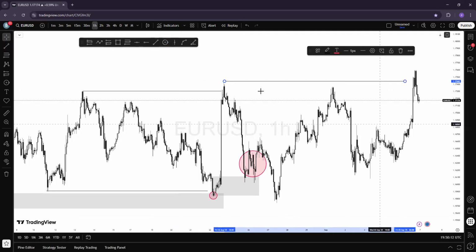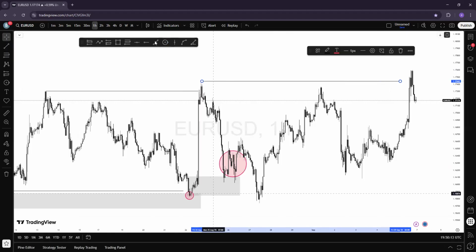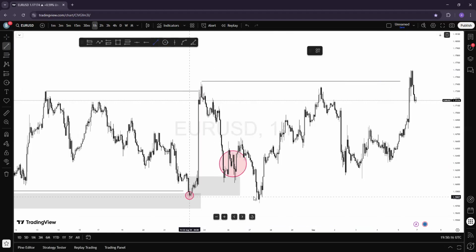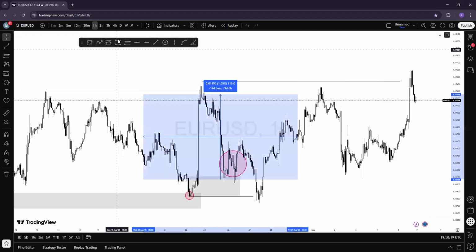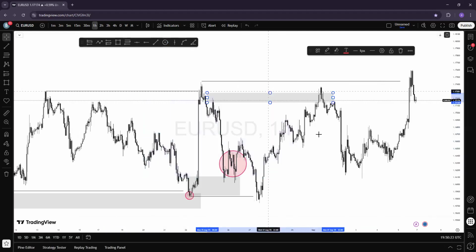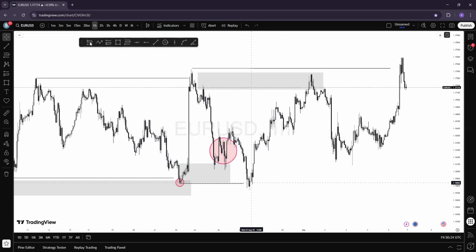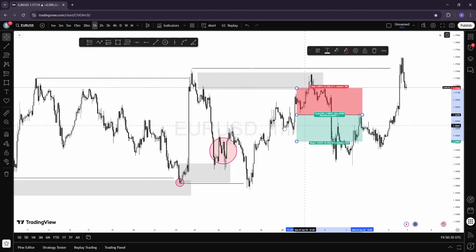You understand? A lot of people will say immediately market broke this low, this is change of character, and then they will be selling. They will be selling from here to take out this low.